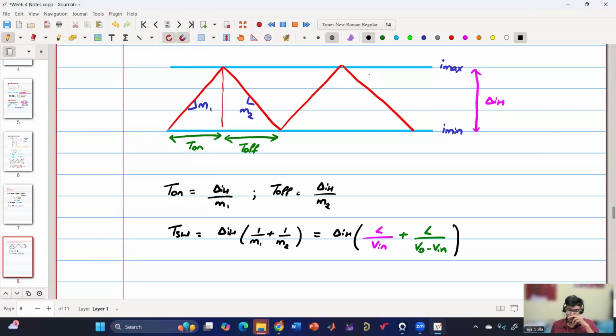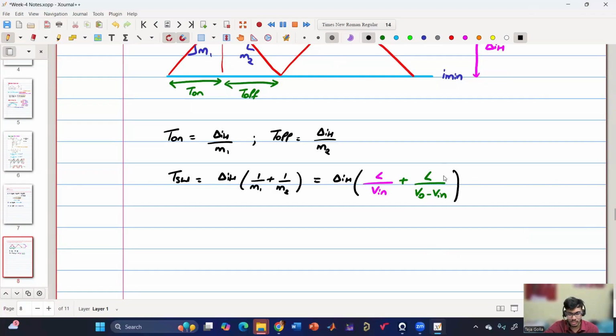The voltage across the inductor is V in minus V out, but the slope we are considering positive because this is already considered as a negative slope. Because we are calculating the time, it is slope positive value into off time, that is delta IH. So we are considering the positive value.